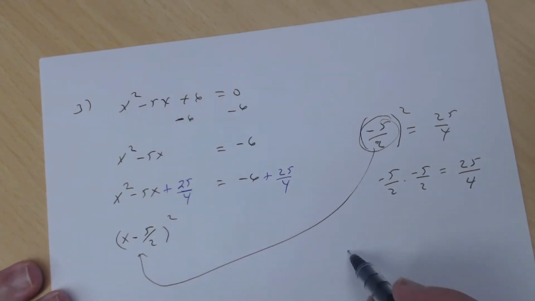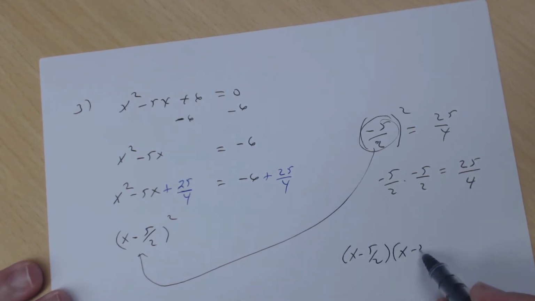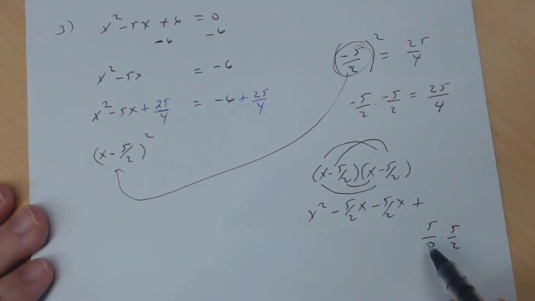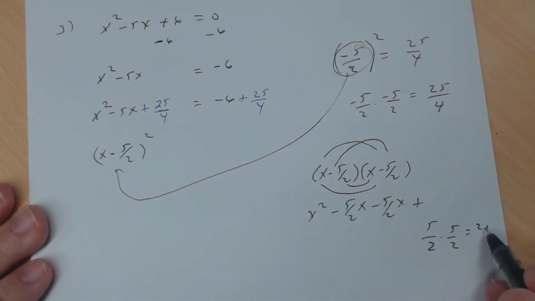You can always check yourself using FOIL. x times x is x squared. The outer is a negative 5 halves x. The inner is a negative 5 halves x. And the last, a negative times a negative is a positive: 5 halves times 5 halves is 25 fourths.